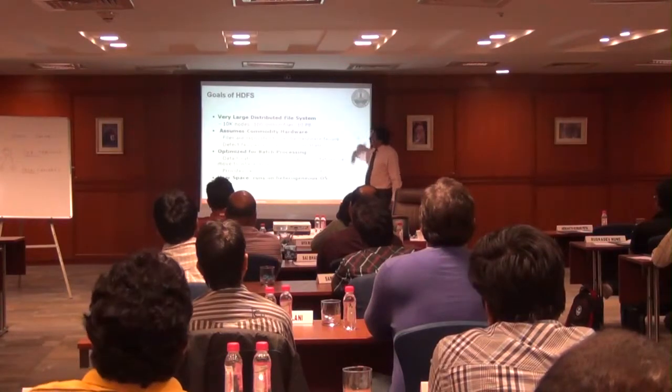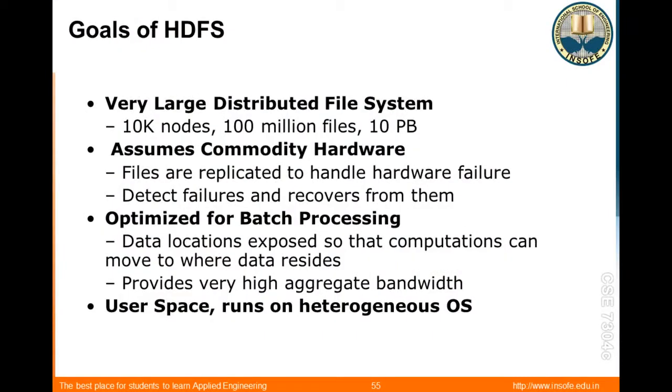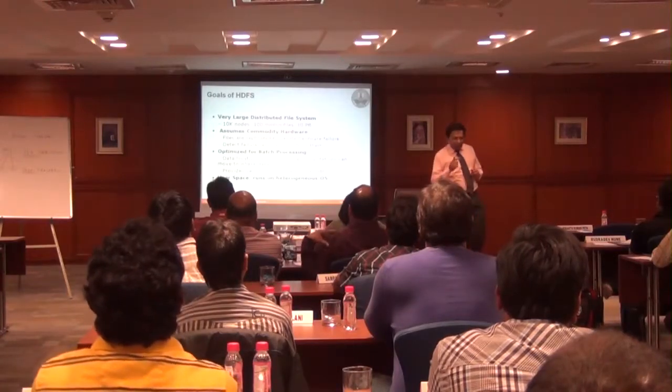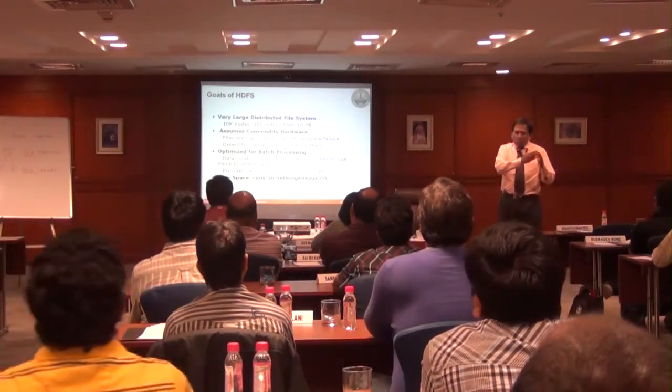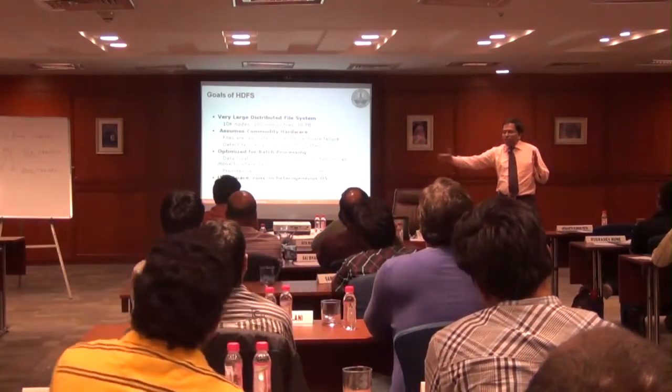HDFS should assume commodity hardware. It should be optimized for batch processing. So data locations are exposed. How do you handle batch processing? By ensuring that the programs move to where data is. So your map job would just do one sweep through the whole data.